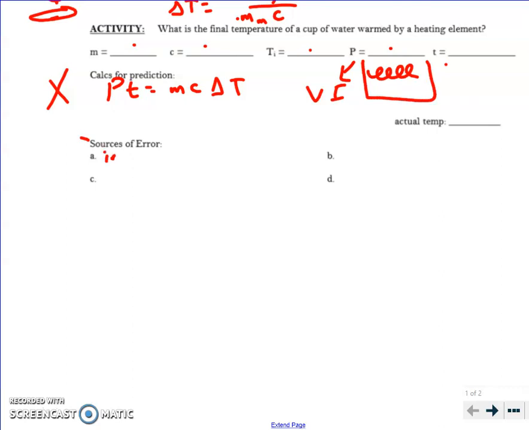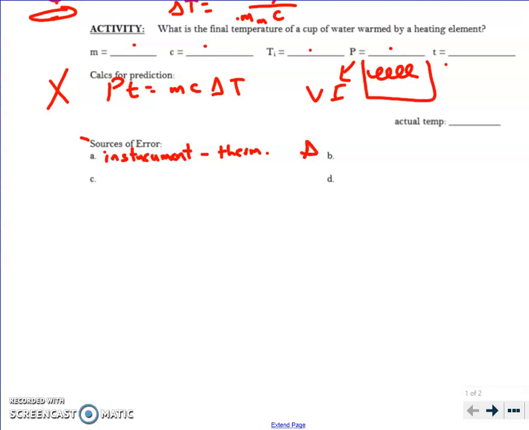Of course there's instruments, but we shouldn't expect that to be too bad. If I'm going to talk about instruments more than anything, the thermometer is what I'm worried about most. I'm pretty sure I can time, especially if I run it for a few minutes. If I'm off by half a second, that's not a big deal.